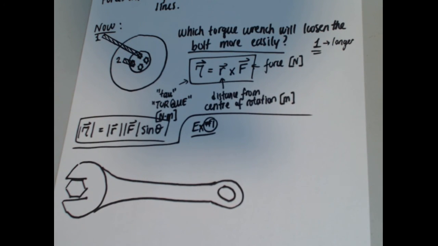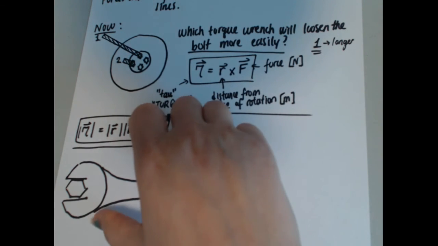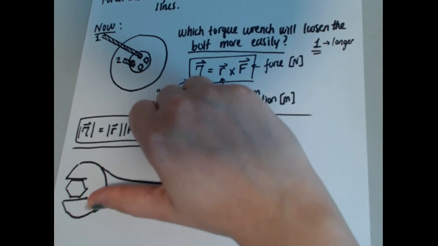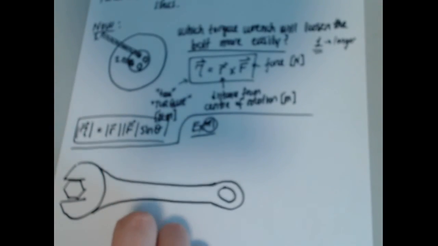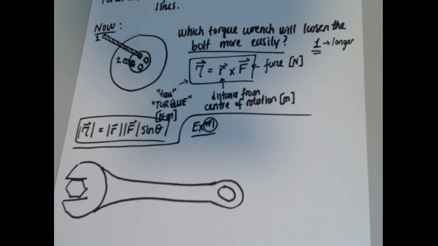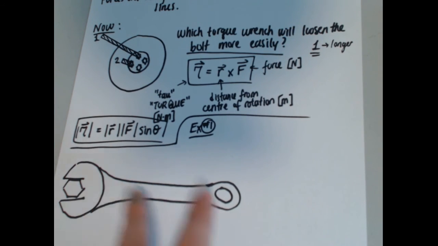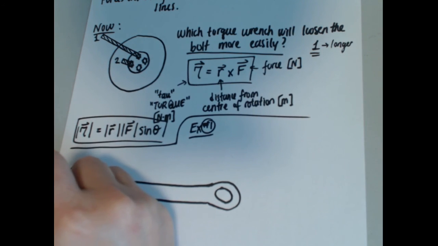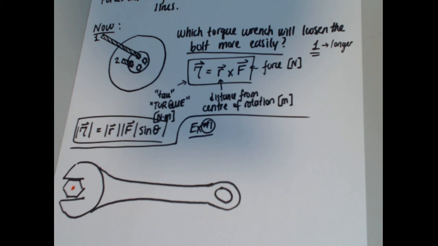You're holding this wrench, and you're either going to tighten this or loosen it. I went clockwise to tighten, and counterclockwise to loosen. This bolt is the center of rotation. The wrench gets rotated about that point right there in the center of the hexagonal bolt, so I'm going to put a dot right there. That's where the center of rotation is.